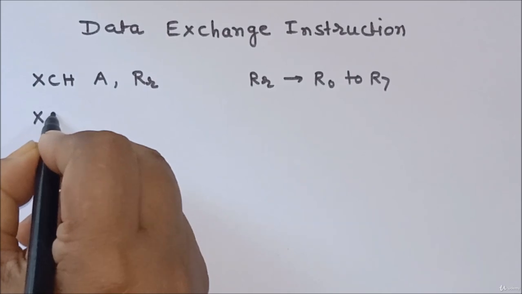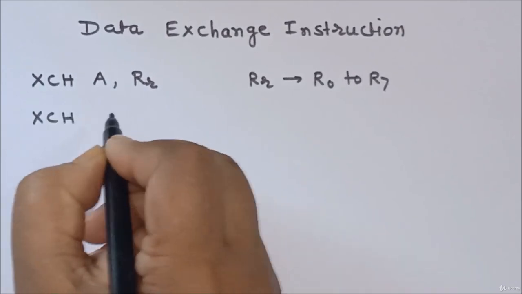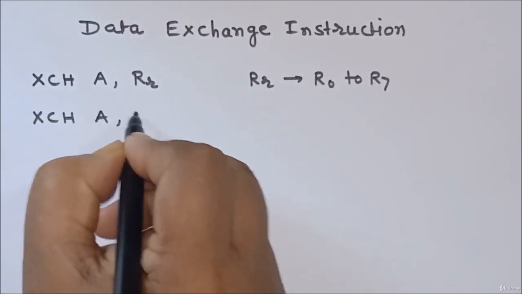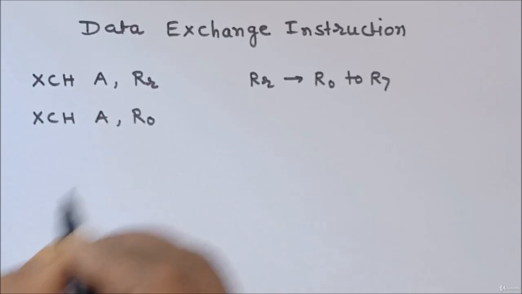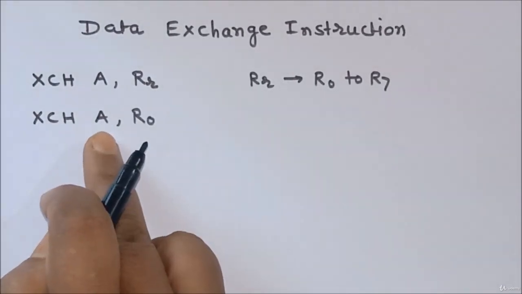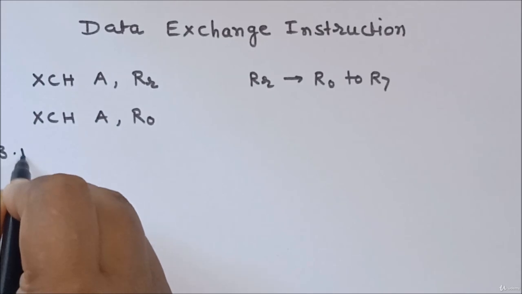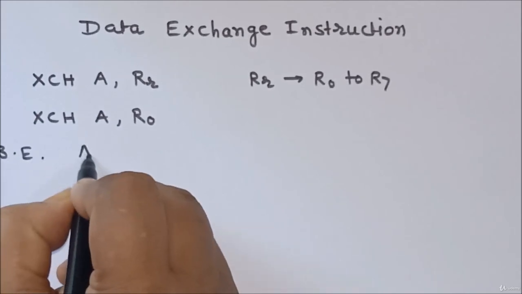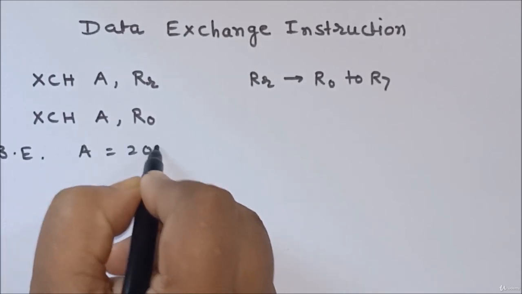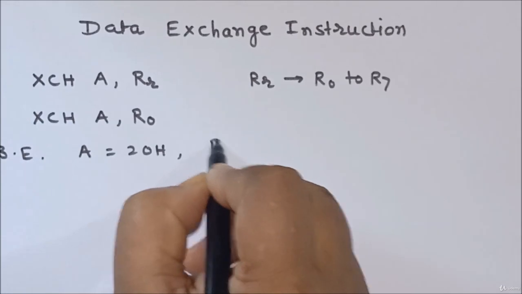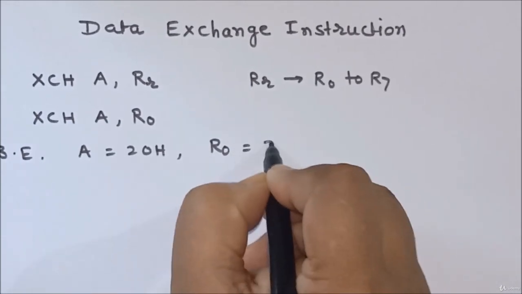For example, suppose I write the instruction XCH A, R0. It will exchange data between the accumulator and R0. Suppose before execution of the instruction, 20H is stored in the accumulator and 34H is stored in register R0.